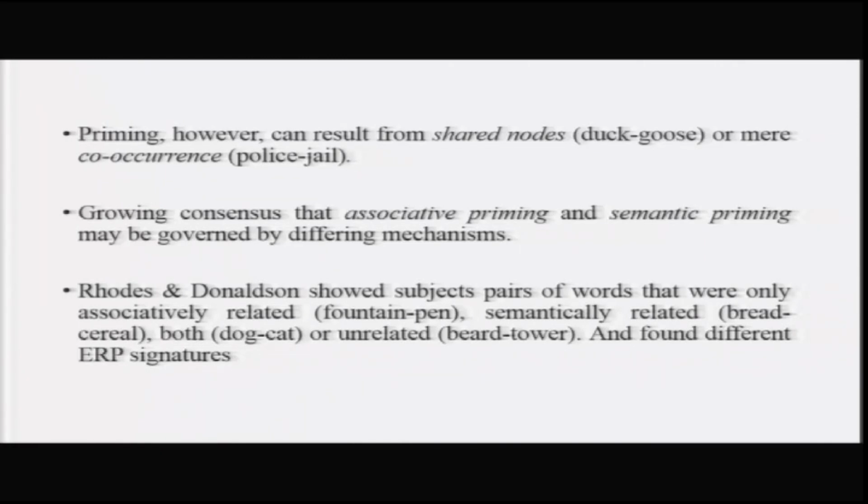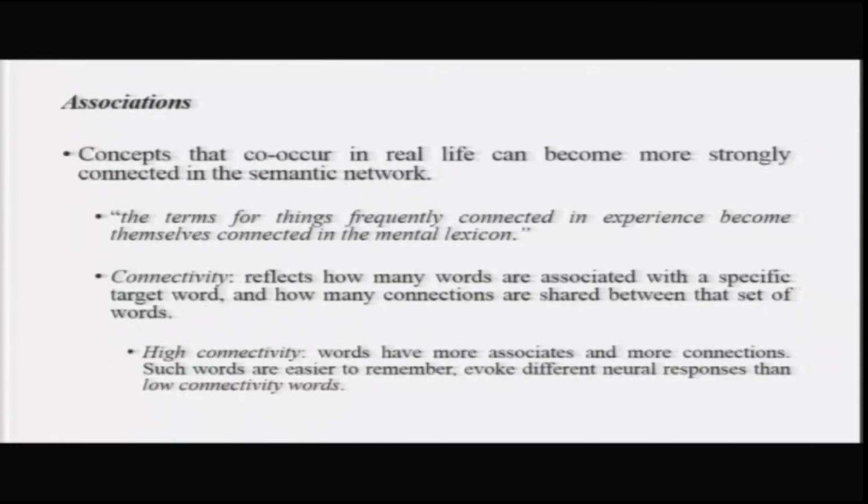ERP is basically the electrical activity that goes on in the brain when you hear something, when you come across a particular stimulus, and they found that for each of these different kinds of relationships there were entirely different kinds of activity happening in the brain, which at least confirmed to us that semantic priming and associative priming are actually different mental processes. Alright, so this is this.